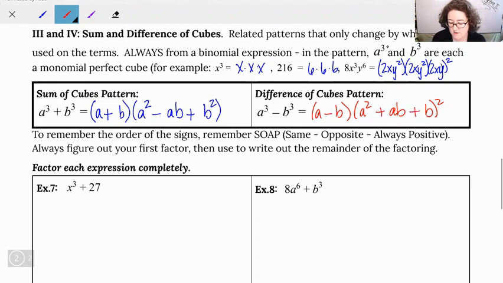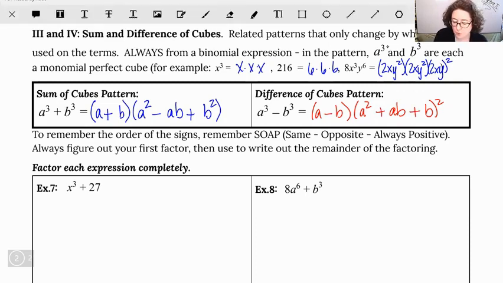The easiest way to remember these is the acronym SOAP. SOAP stands for same, opposite, always positive. So we have the same sign, the opposite sign, and again, always positive compared to the sign that we started with.